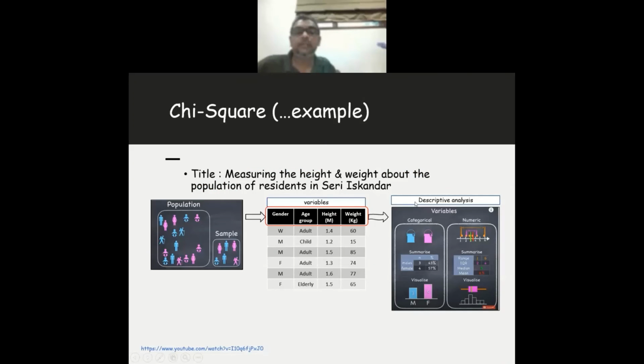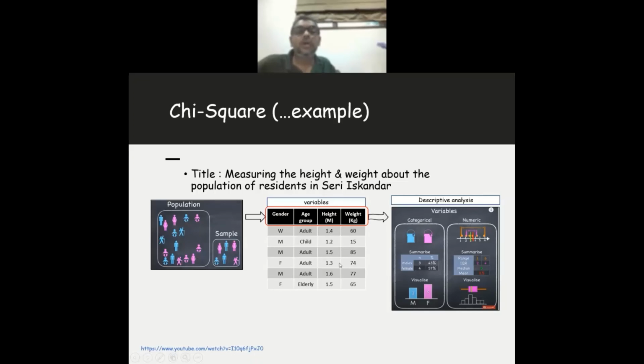Example of a chi-square. So the example here, the question is measuring the height and weight about the population of residents in Sri Iskandar. Okay, so Sri Iskandar is a taman lah in our area. Alright, so this is the population dalam taman tu. So daripada taman tu saya ambil sampel dia.